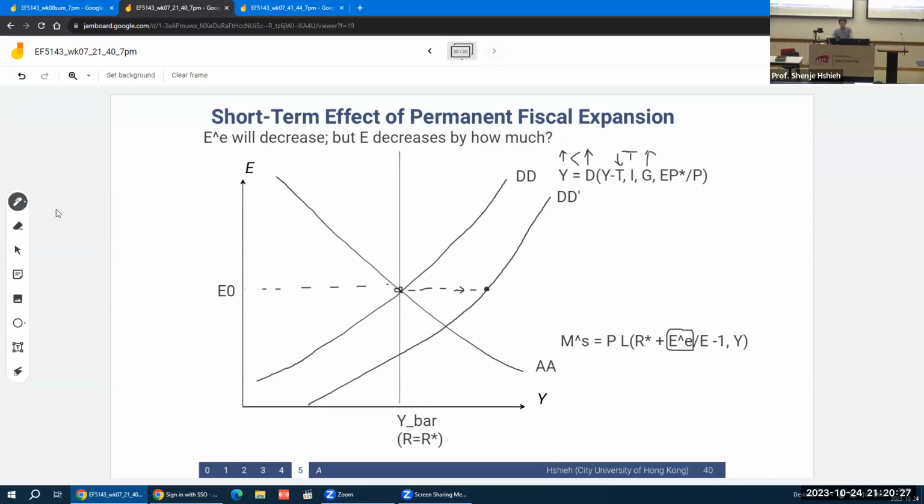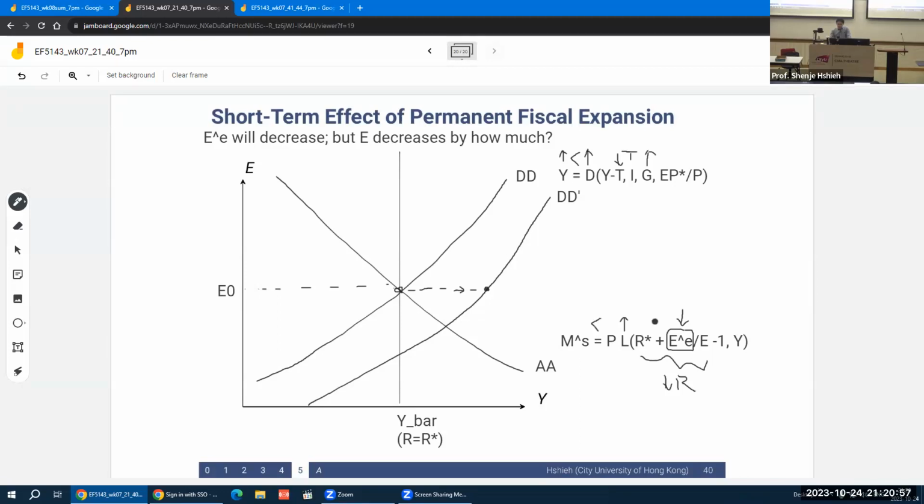So we know that with a lower E hat E, a stronger currency, the currency is going to get stronger, right? People expect the currency to get stronger because under the temporary case, we get a stronger currency. So E hat E is going to get lower, which means interest rates will be lower, which means that liquidity preference will be higher.